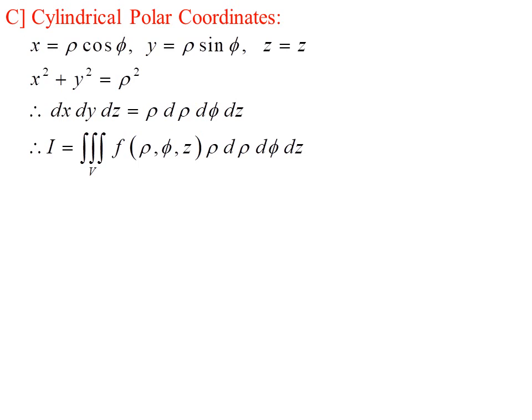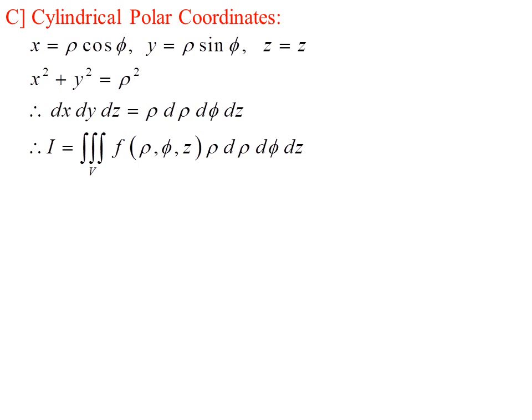So with this transformation, x square plus y square will become rho square, and once again with the help of the Jacobian, as x is a function of rho cos phi and z also we can consider putting z raised to 0 here. y is a function of z raised to 0 and rho sin phi, means a function of rho and phi, and z is a function of rho, phi and z.